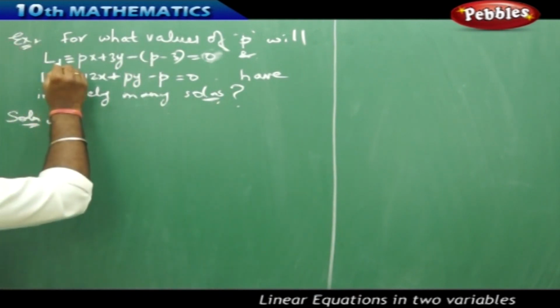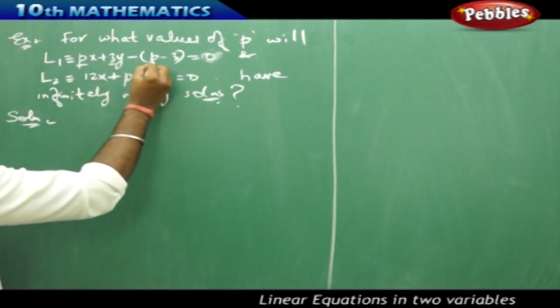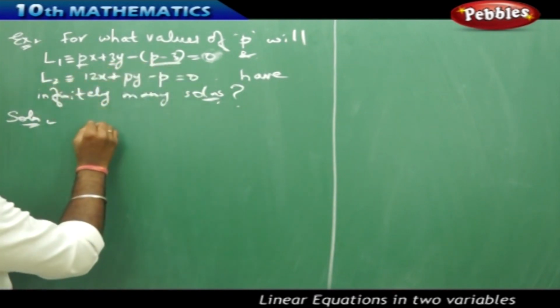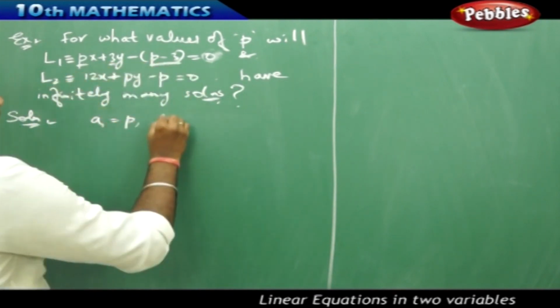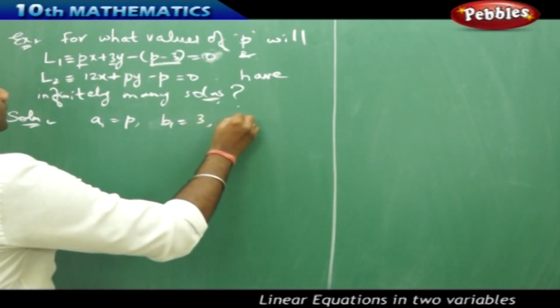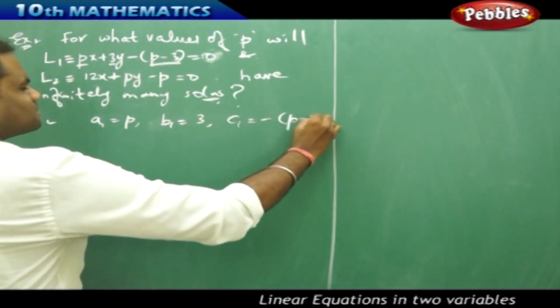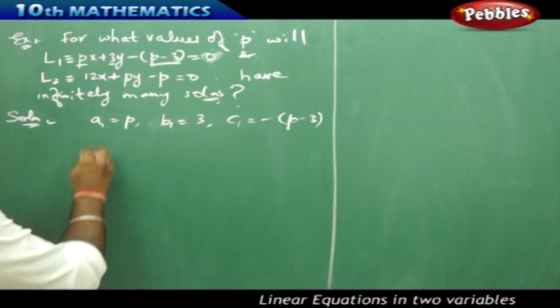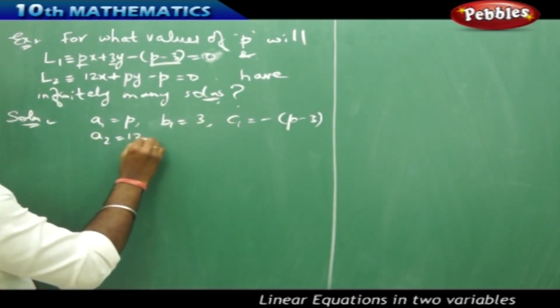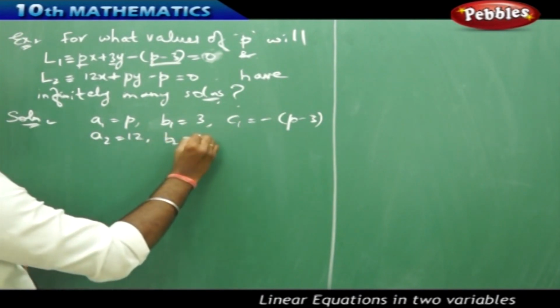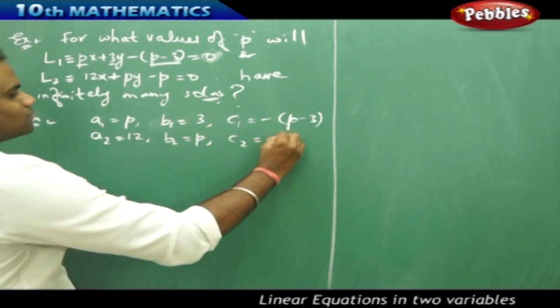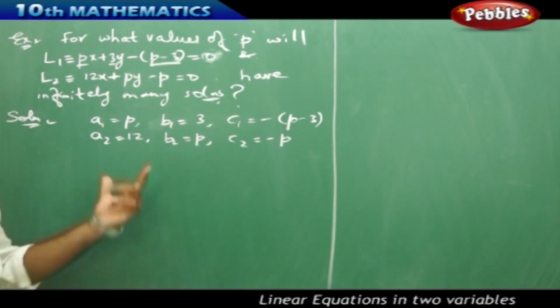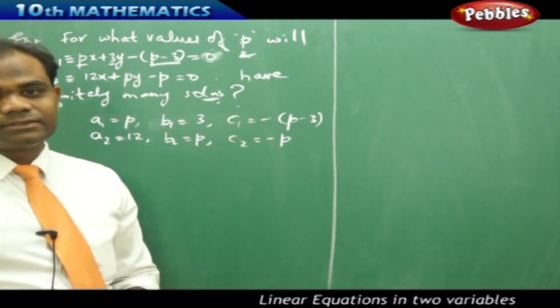Now as I clearly see here from L1, I have three different coefficients, which are A1 equal to P, B1 is 3 and C1 is negative P minus 3. Then A2 is 12, B2 is P and C2 is minus P are the three respective coefficients of the line L2.